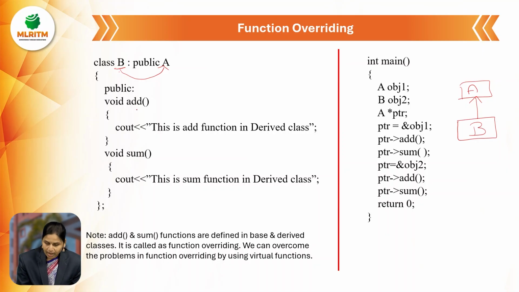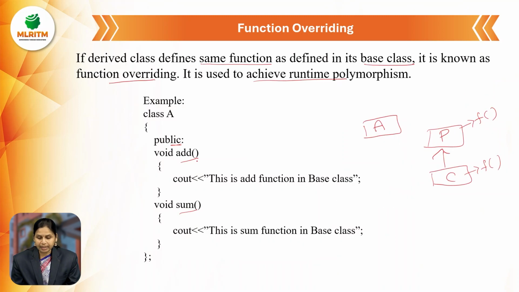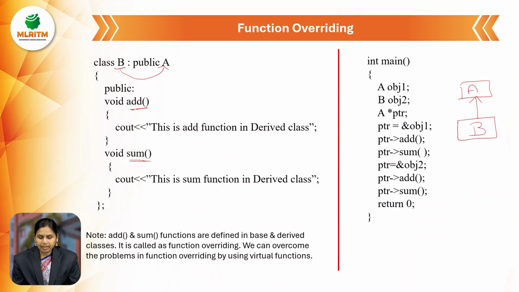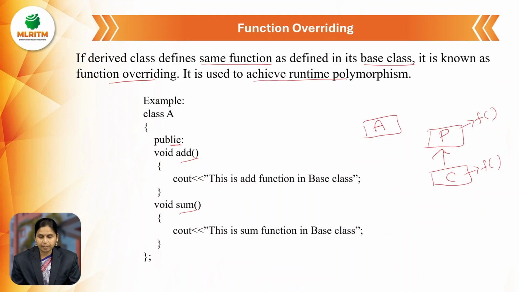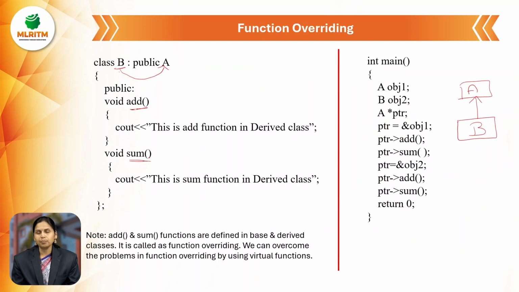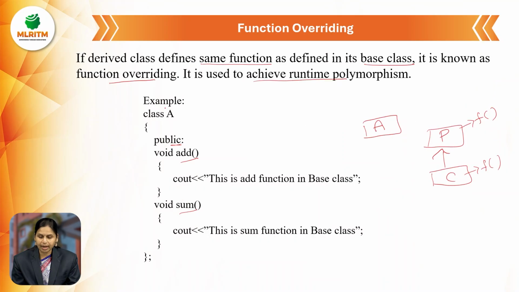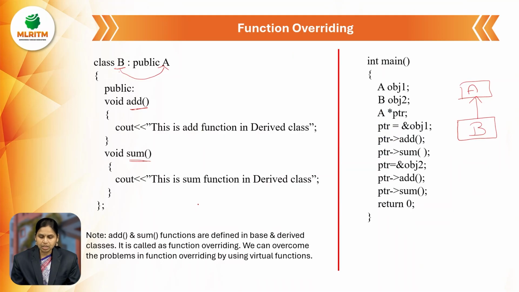Now this child class also contains the same functions add and sum. When we observe this program, in parent and child, the function names are the same and the signature of the function is also the same, meaning the parameters are also the same in both the classes. So the same add function is used in child and parent, and the same sum function is used in parent and child.